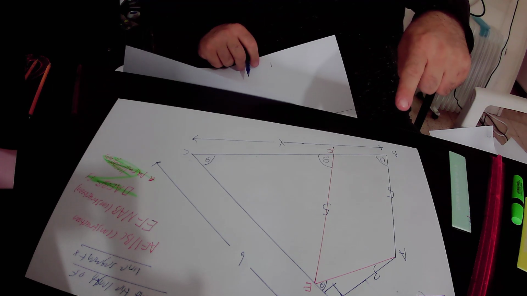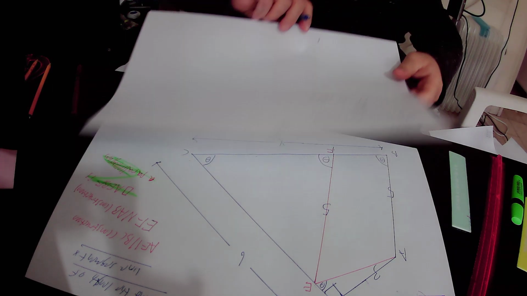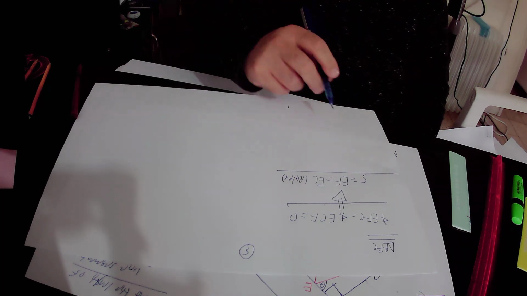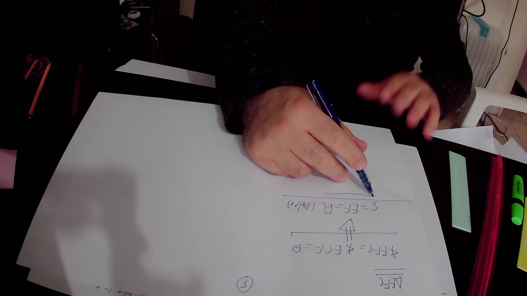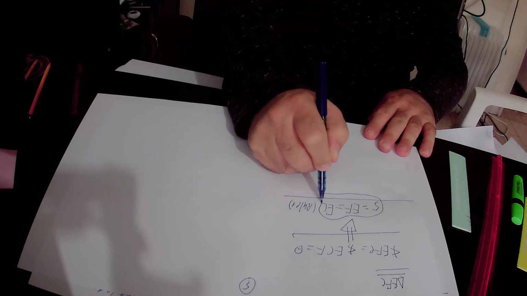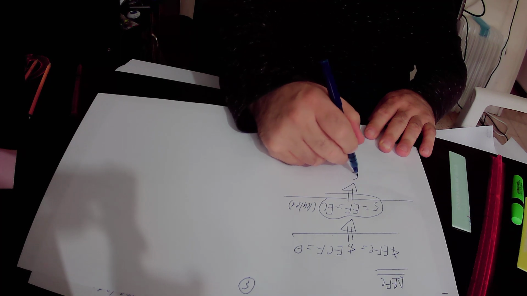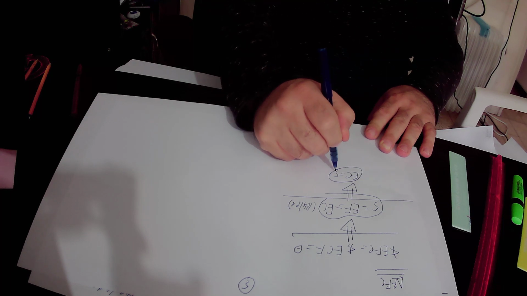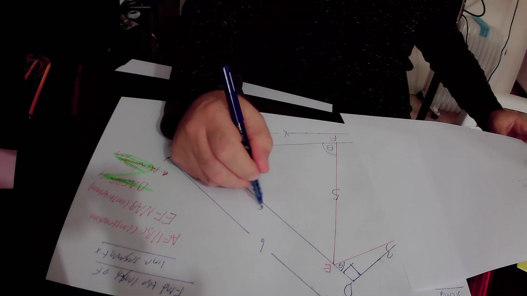But we found out that EF equals 5 units, and from this equation, 5 equals EF equals EC, we will conclude that EC is also equal to 5 units. So we can write here that EC equals 5 units.